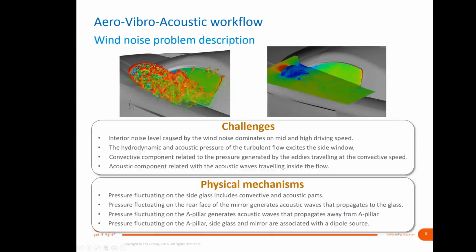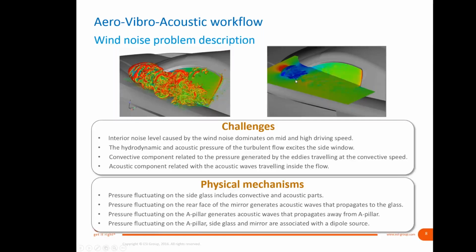So this problem is presented here, targeting the side window of a car, which would be excited when the car is moving by the turbulences created by the obstacle, which would be the side mirror here.